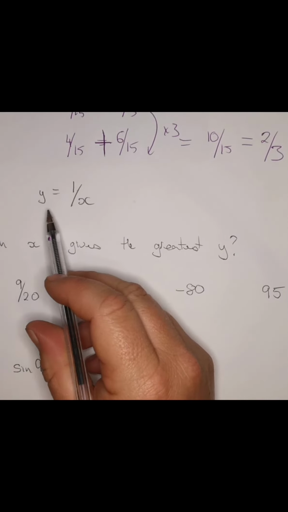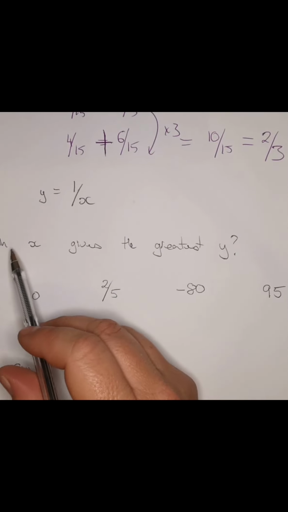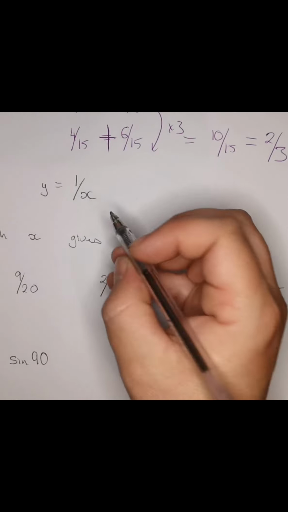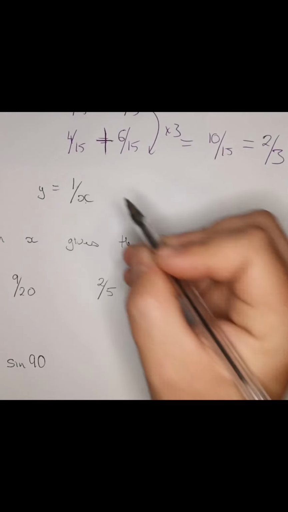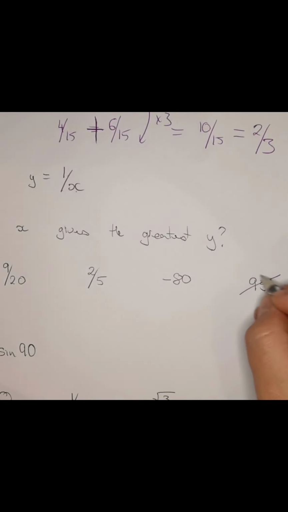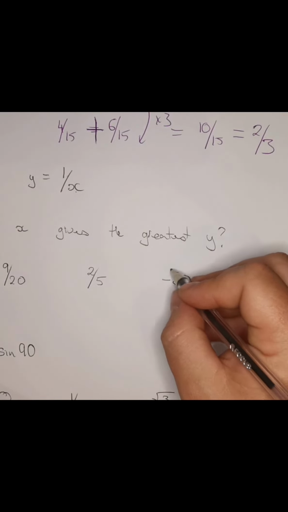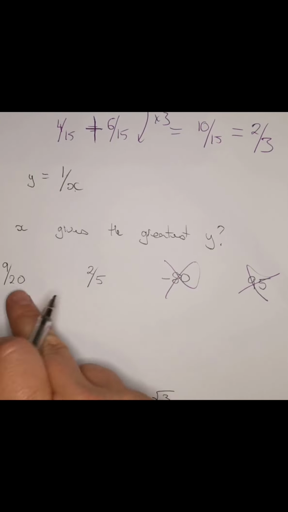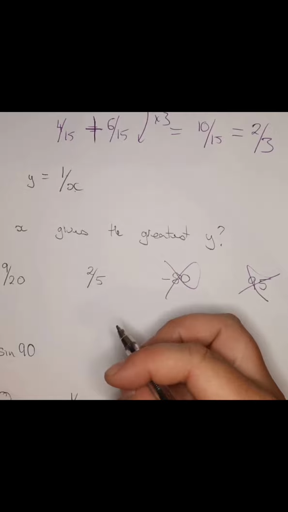Question 24, y equals 1 over x. Which x gives the greatest value of y? Well, when I'm dividing, if I want the greatest value, I want to make that as small as possible. So you're out. A negative is going to give me a negative answer, so that's not going to be very big. So really, I need to find out what the smallest one is out of these two.